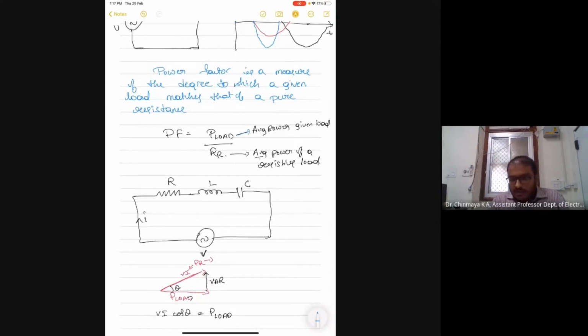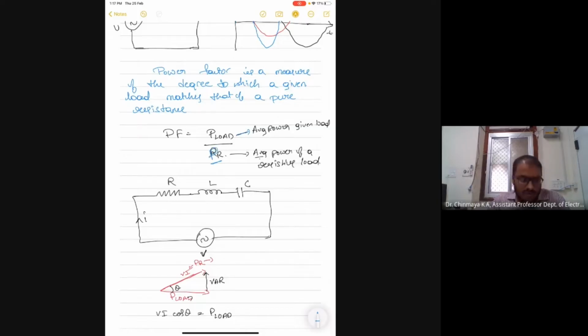This average power consists of the inductor, capacitor, and resistor, which will have some phase shift from the power which would be absorbed if it were given to a resistive circuit. So power factor can be defined as P load divided by PR.